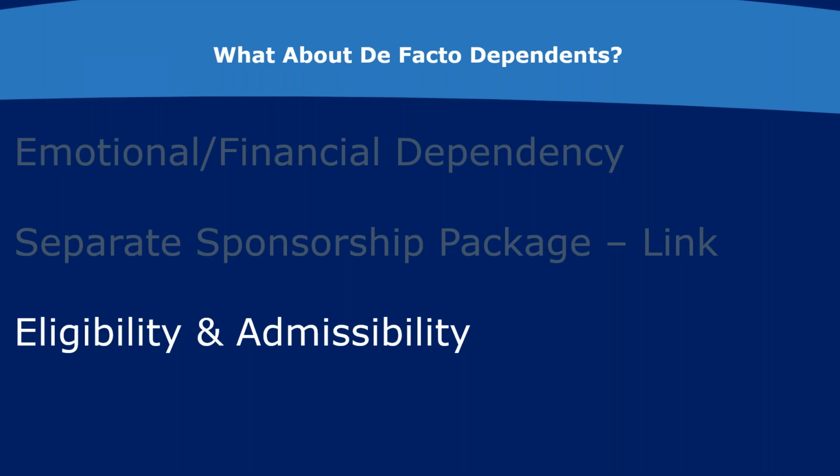Keep in mind that the de facto dependent, regardless of the age, as I mentioned before, has to satisfy the eligibility and the admissibility criteria. So unlike the family members who derive refugee status from the principal applicant, a de facto refugee doesn't have that advantage, so they have to be a refugee in their own right.